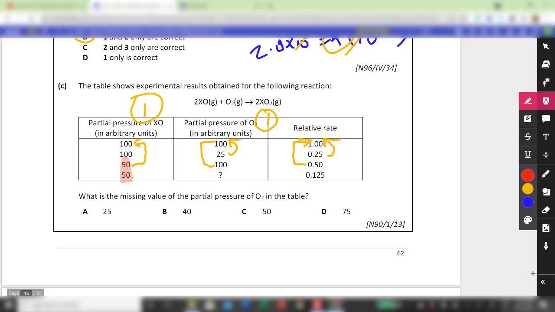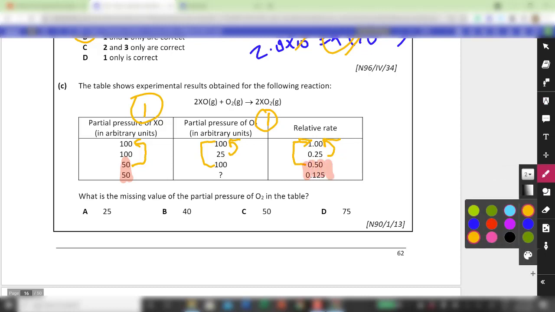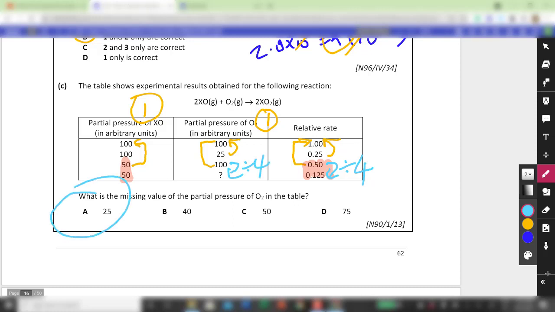The only thing that we change is the partial pressure of O2, and you notice that the initial rate decreases by 4 times. Because it's first order with respect to O2 and we are keeping XO fixed, I should decrease this by 4 times as well. So therefore I'll choose A, which is 25.